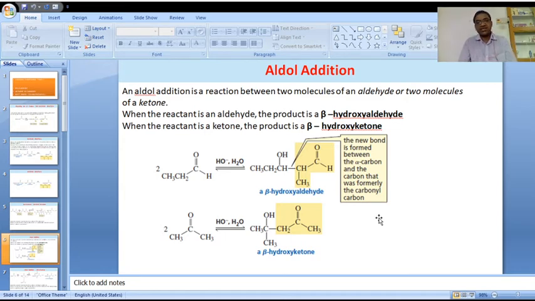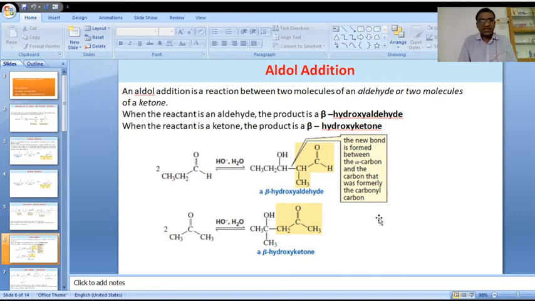In this reaction, generally 2 moles of carbonyl compound are used as reactant. That is, generally 2 molecules of aldehyde or 2 molecules of ketone are used in this reaction.